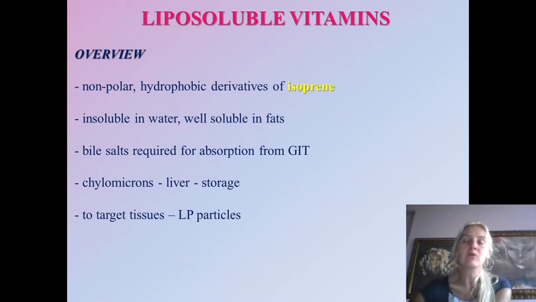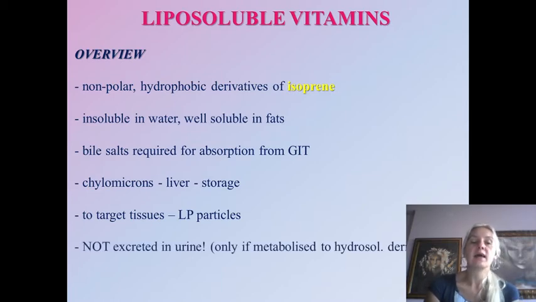Regarding the fact that they are not soluble in water, one other conclusion arises, and that is that they cannot be excreted in urine like water-soluble vitamins, so like vitamin C and vitamins from the B complex. So the only possibility of urinary excretion of those vitamins is to be metabolized to some hydrosoluble derivatives.